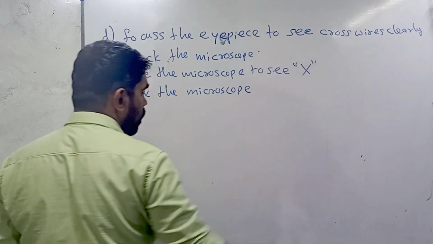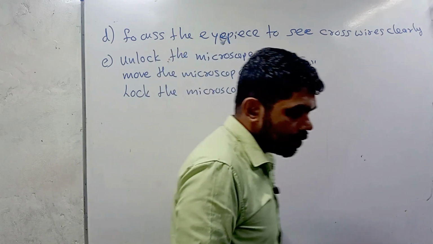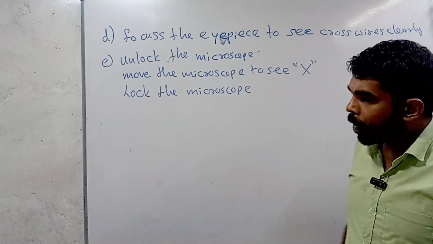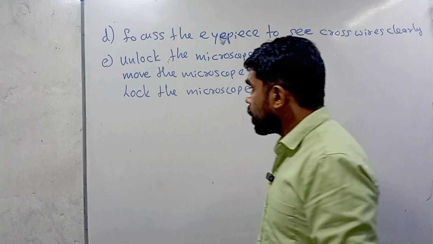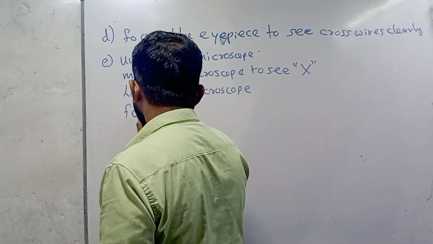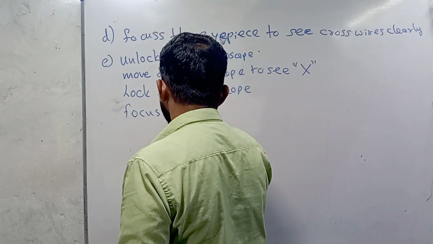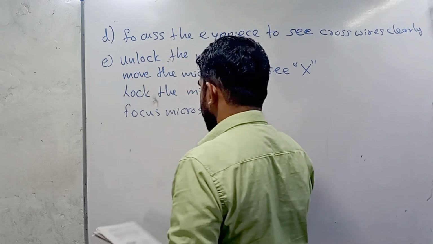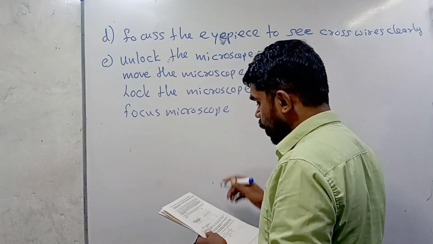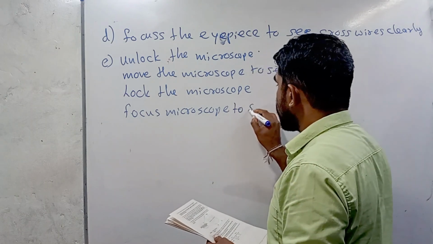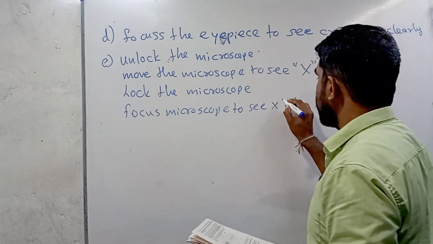Now we can see mark X, but it is not clear. Then we have to focus the microscope to see X clearly.